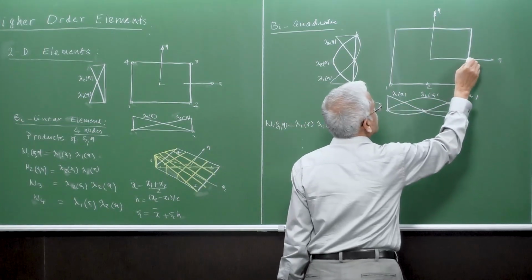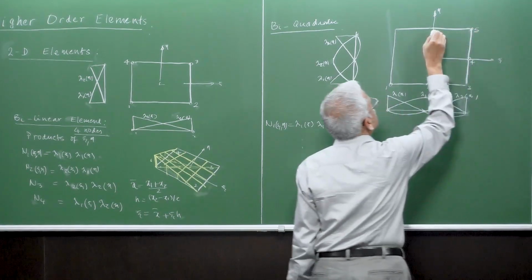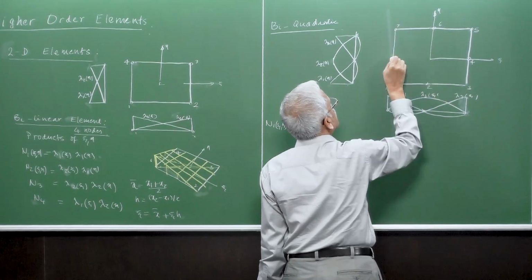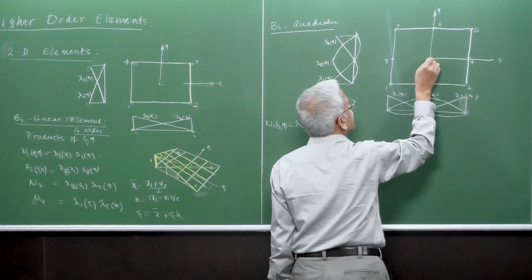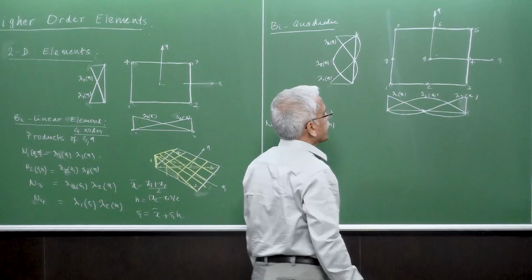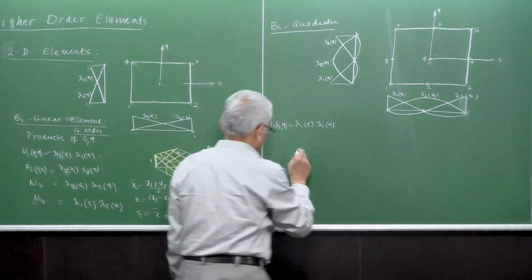And then let's put all these things: 4, 5, 6, 7, 8, 9. So there are 9, for example, 9 also is there. So 9 like this.